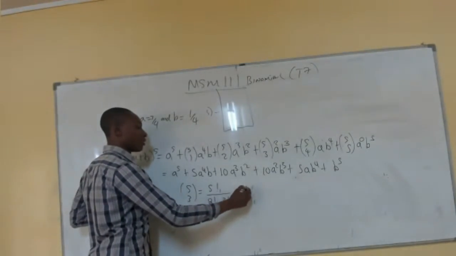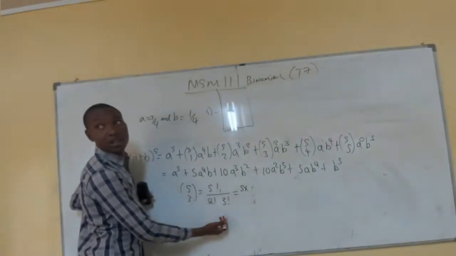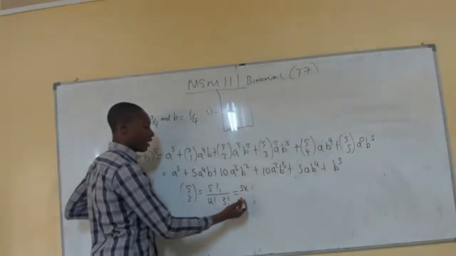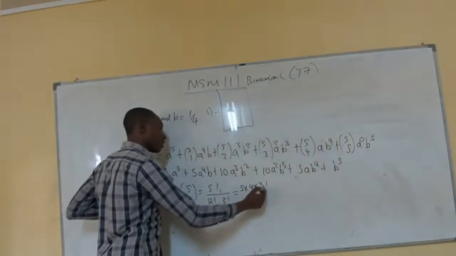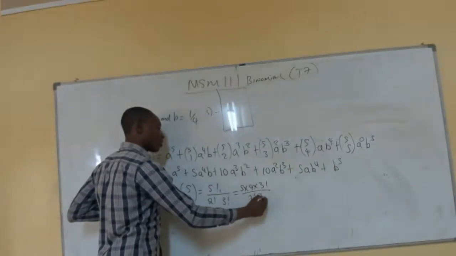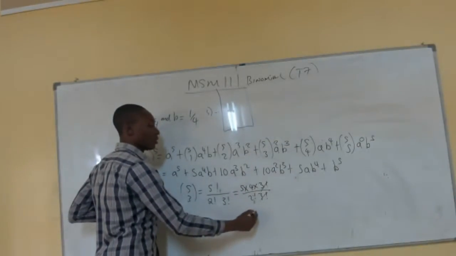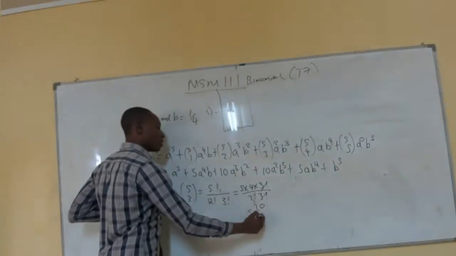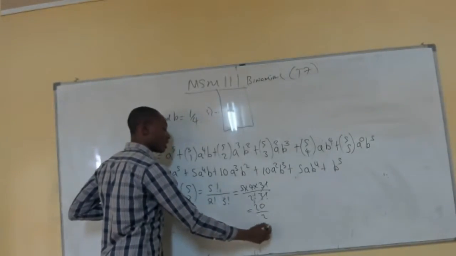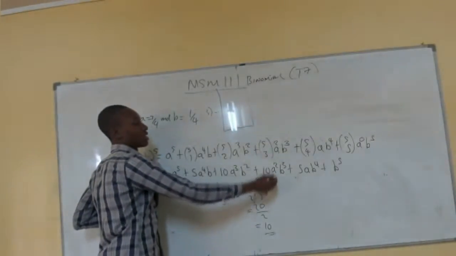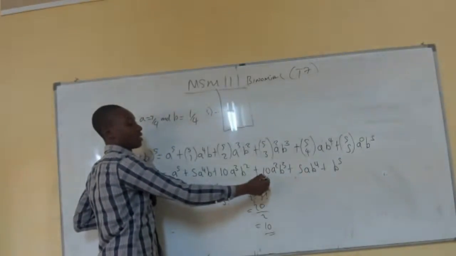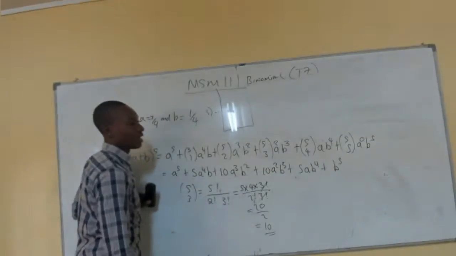This is the same as 5 times 4 times 3 factorial over 2 factorial times 3 factorial. This and this will cancel, so we have 20 over 2, which is simply 10. So 5 choose 3 is 10. This is the 10 you are seeing here.